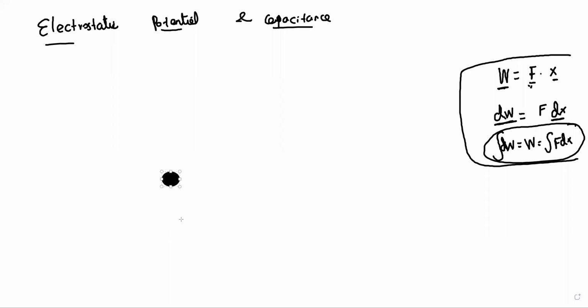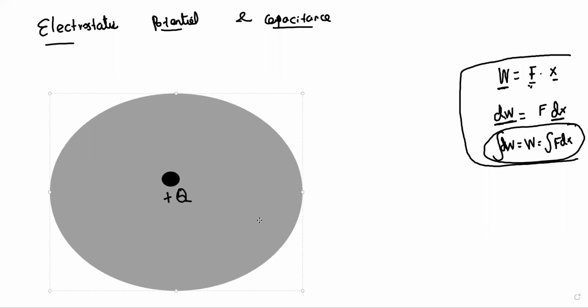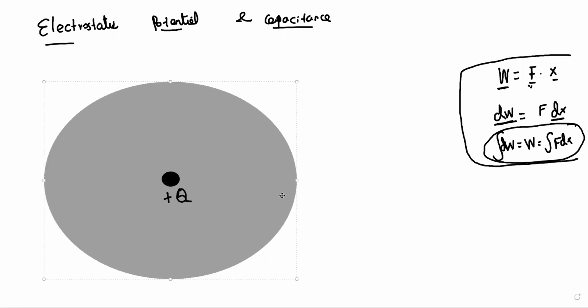Now, in our situation, we have a charge plus Q. Because of this charge, we have an electric field surrounding it.